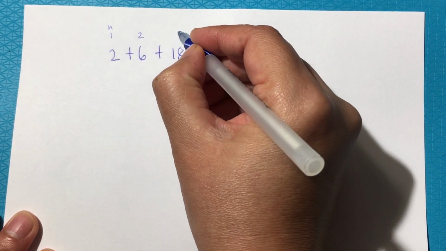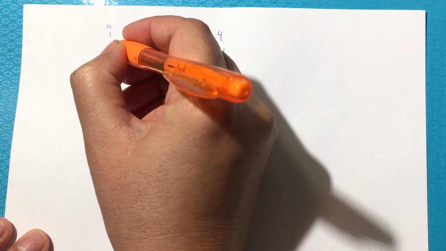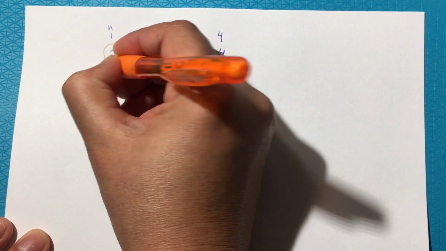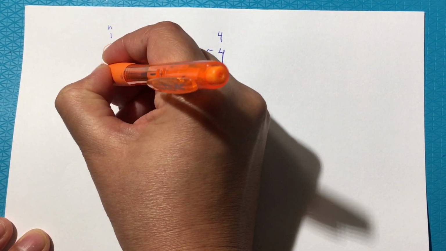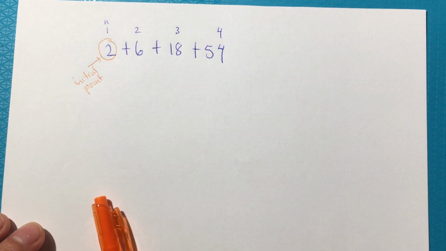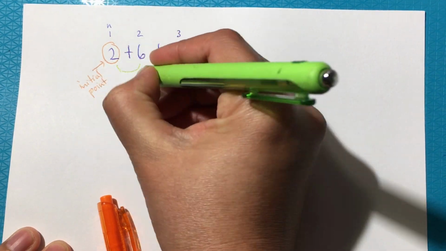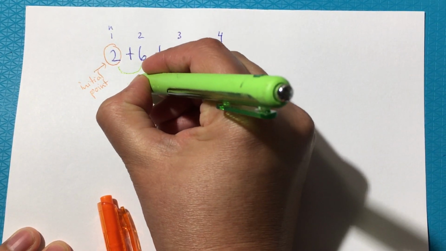In here it will be 2, 3, 4. The initial point would be 2. And the ratio, as we said before, would be times 3.